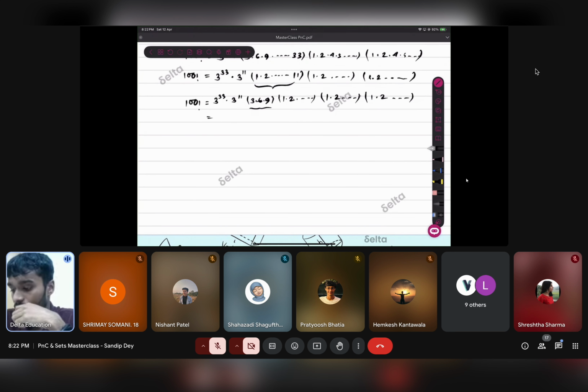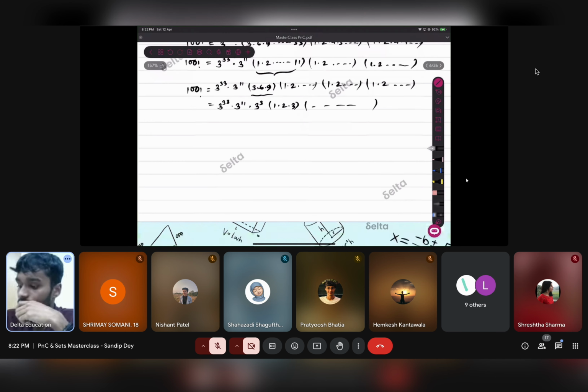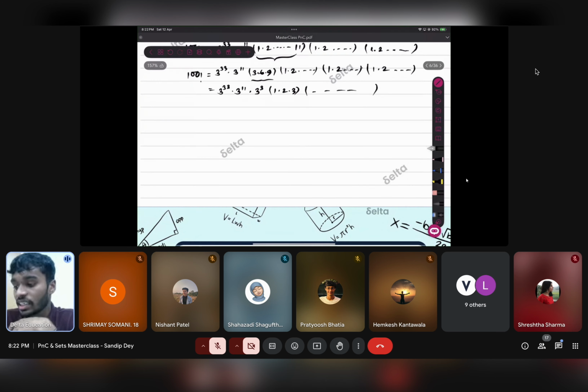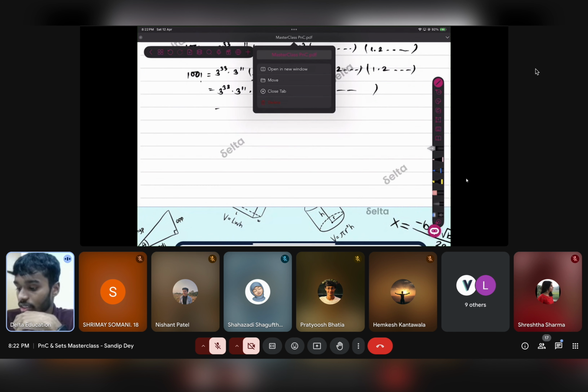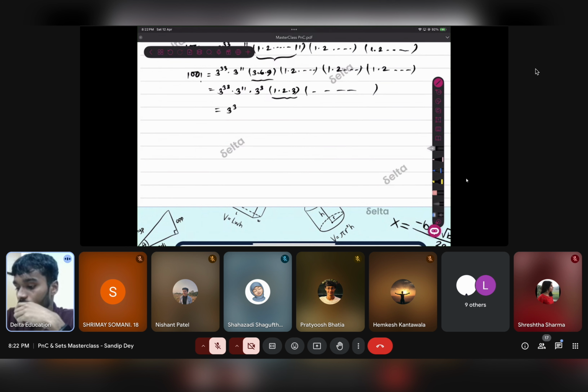So I'll get again 3 to the power 33 multiplied by 3 to the power 11 multiplied by 3 to the power 3, again 1 into 2 into 3 and all these terms. Then again I can segregate from here. I can write it as 3 to the power 33 multiplied by 3 to the power 11 multiplied by 3 to the power 3, and there is one 3, so I can divide it by 3 and take out this one term here.